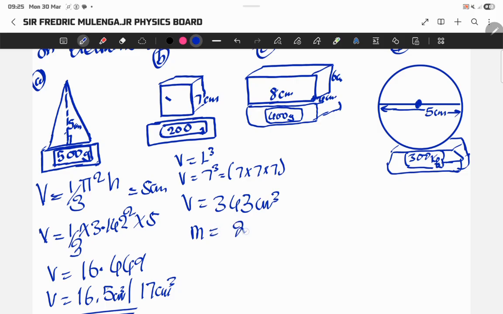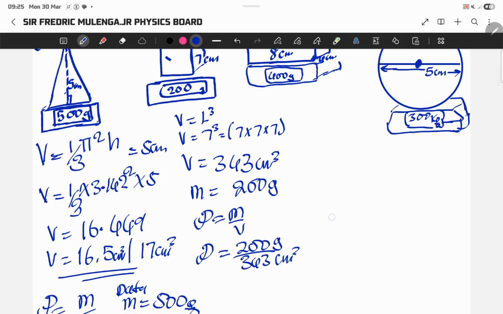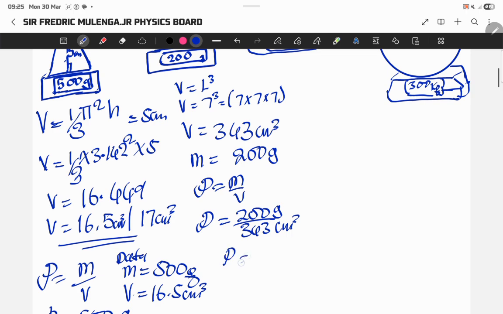Now, according to the other data, the mass of this is reading as 200 grams. So we can proceed and solve for density. Density is mass over volume. So that gives us 200 divided by 343 centimeters cubed.